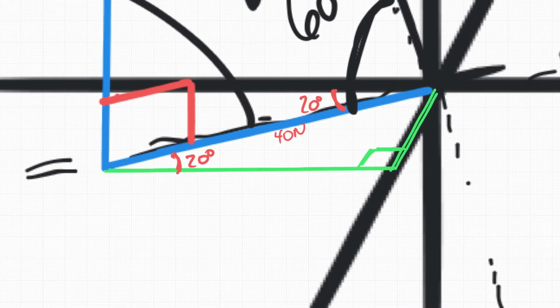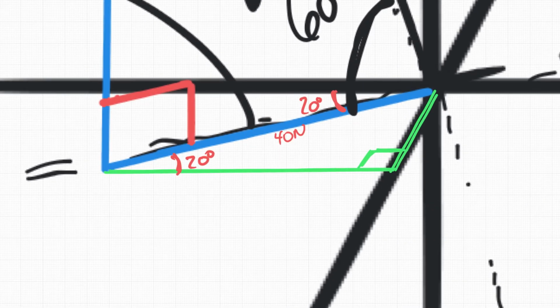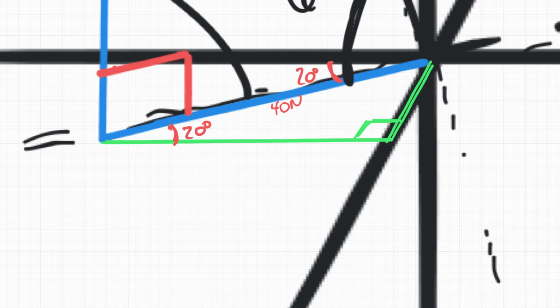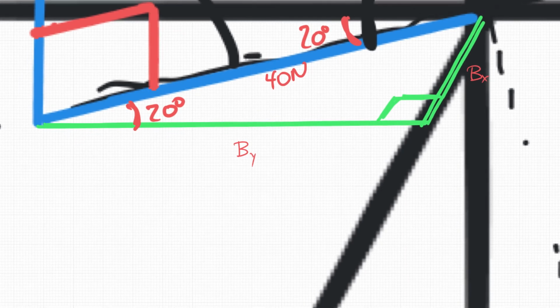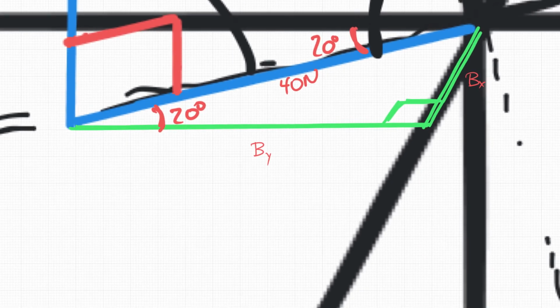If we've got that, then I can start figuring out these sides. So this is B in the y direction, and this is B in the x direction. I can do a little trig here. It doesn't look like a right triangle, but it is a right triangle. So I've got this 20-degree angle, and if I want to deal with B y first, that's a cosine because that's the adjacent.